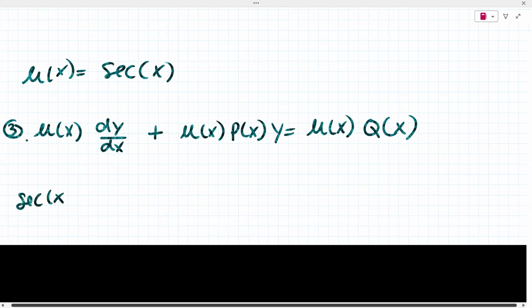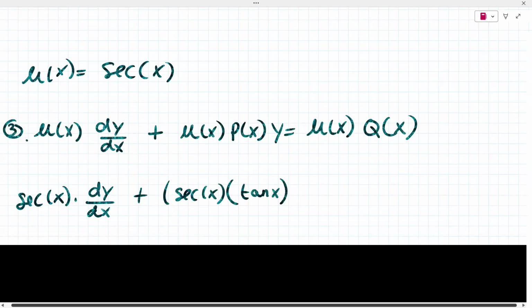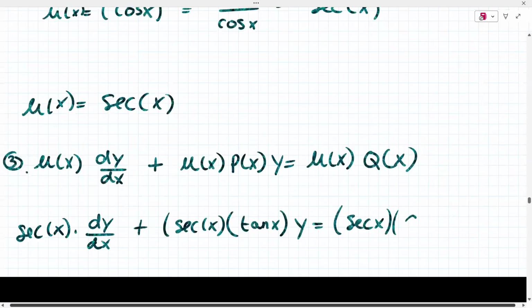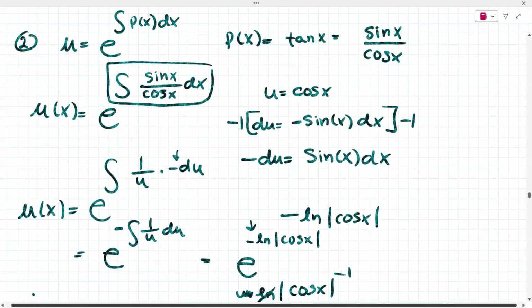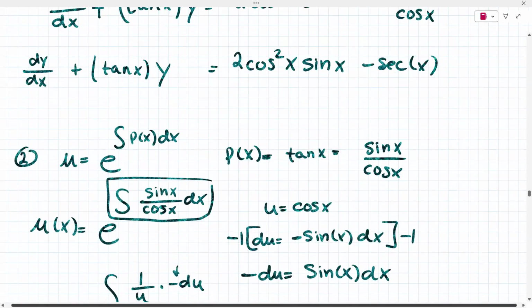So it's secant of x times dy dx plus secant of x times p of x, which is tan of x, times y, and then on the right, mu of x times q of x is secant of x times q of x, which is q of x of this whole thing.